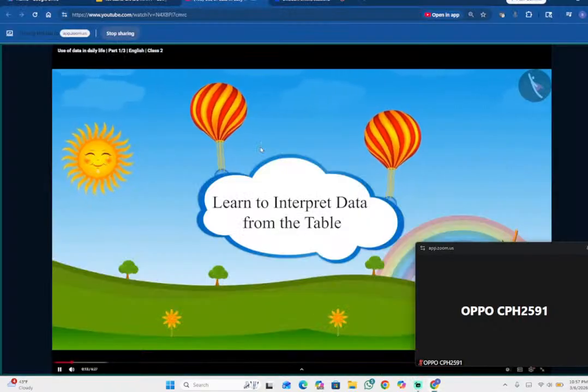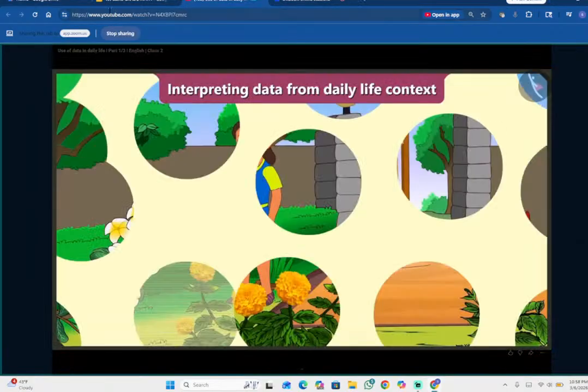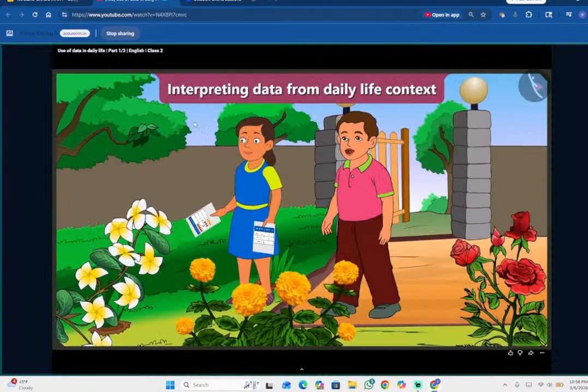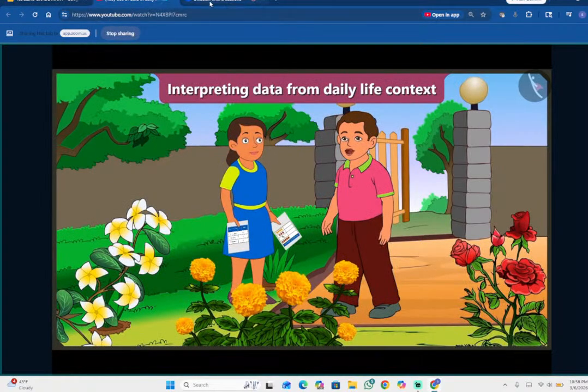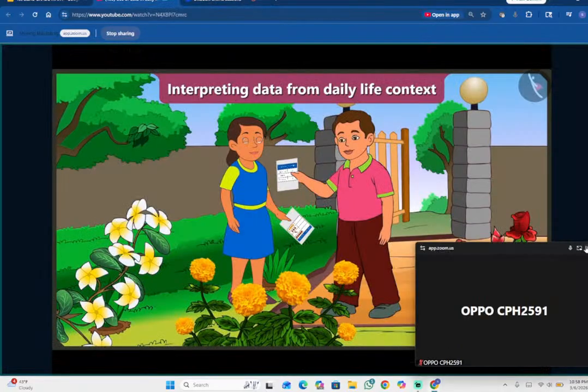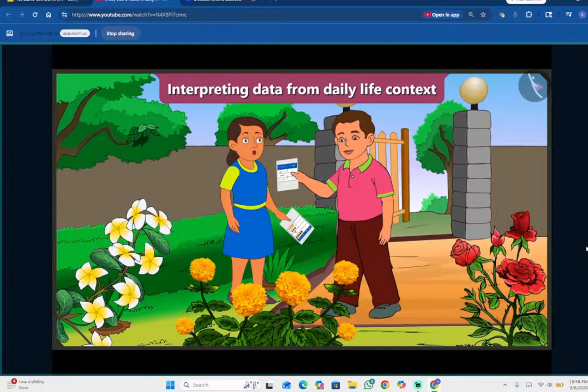Interpreting data from daily life context. Hey Bubbly, what are you doing in the garden? Bunty, Mummy has prepared this table and given it to me. There are different flowers in the garden. I am counting the blossomed flowers to collect the data.